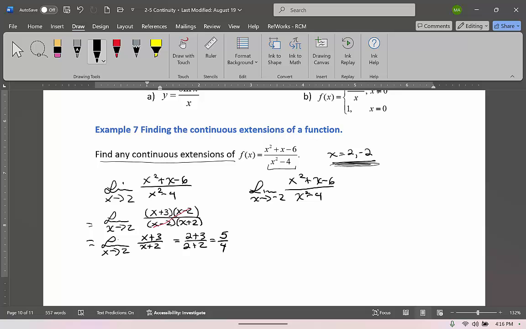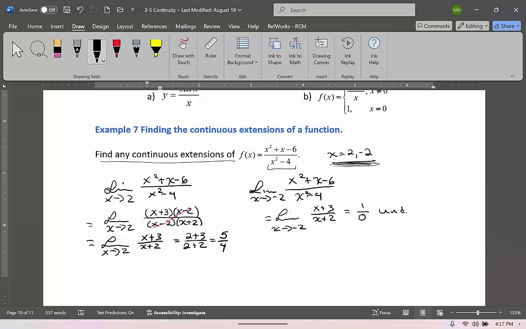All right, so now we can do the same thing here. The cancellation will all be the same, so this will also equal the limit as x approaches negative 2 of (x plus 3) over (x plus 2). And that actually gives us 1 over 0, which is undefined.